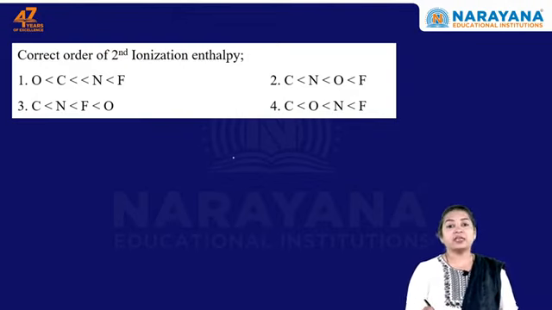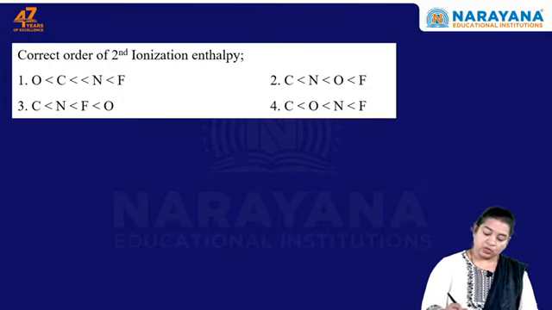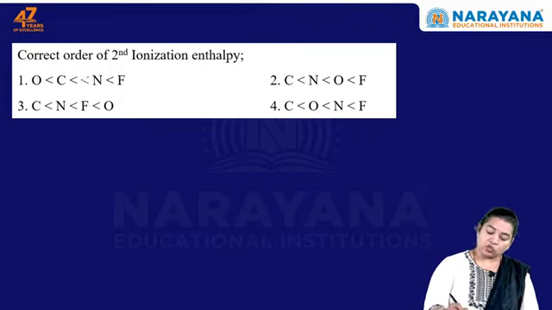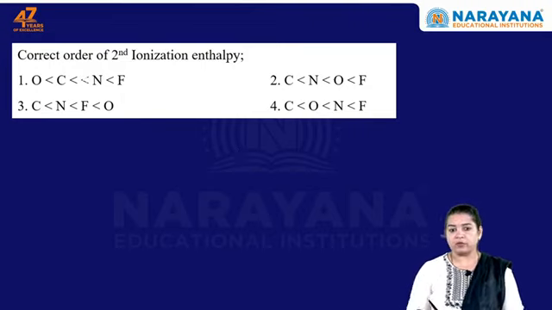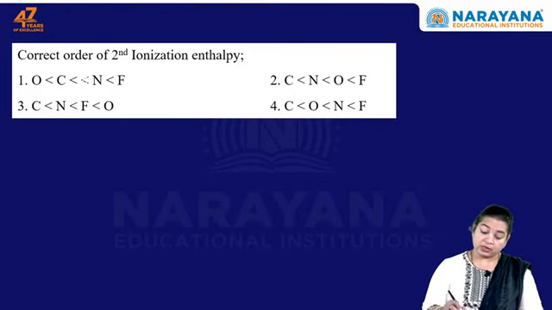Correct order of second ionization enthalpy of 4 different atoms is asked, right? So it is oxygen, carbon, nitrogen and fluorine which are considered in the question. Let us do their electronic configuration: carbon, nitrogen, oxygen, fluorine.